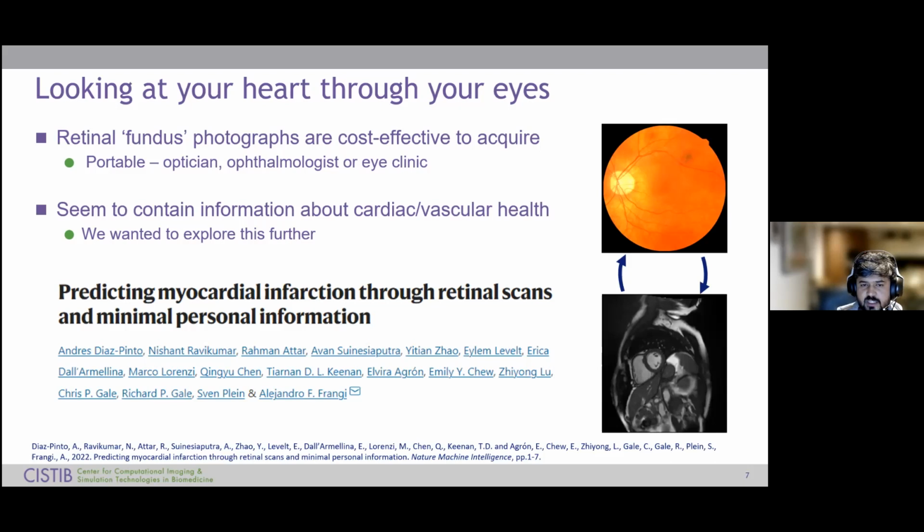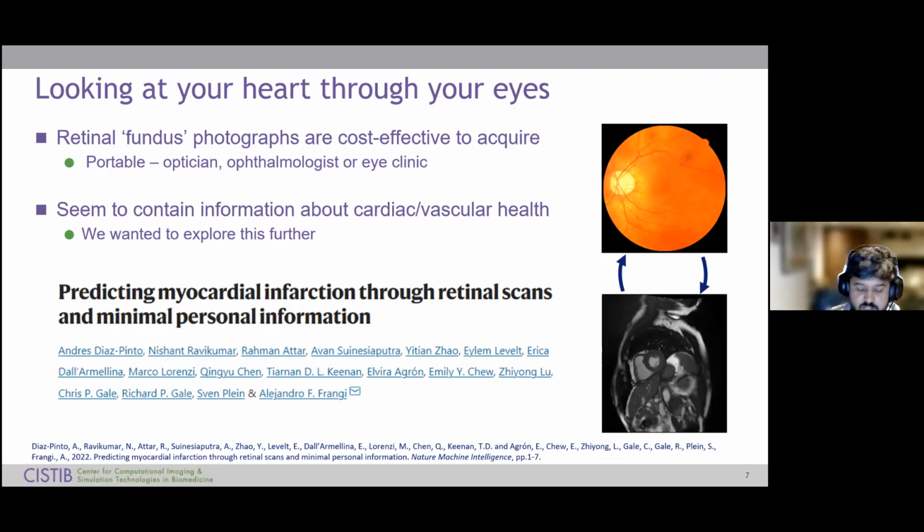So you might think, well, the whole purpose of doing this was to avoid having to look at their cardiac MRIs, because the entire motivation is to have a cost-effective way of analyzing their risk of cardiovascular disease.